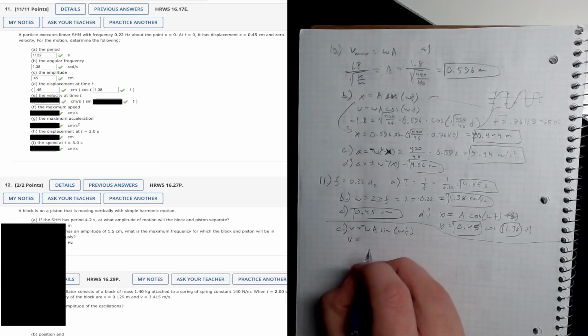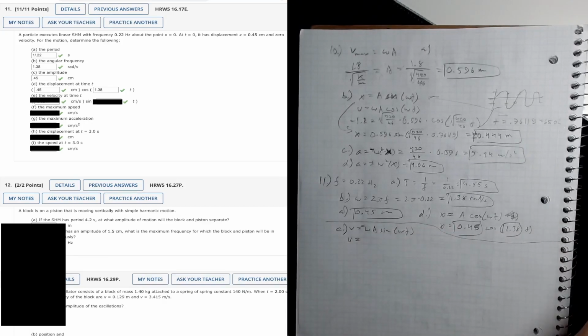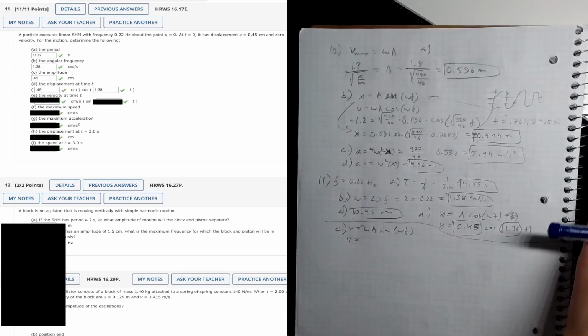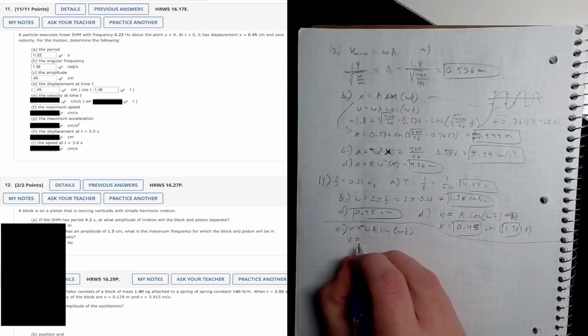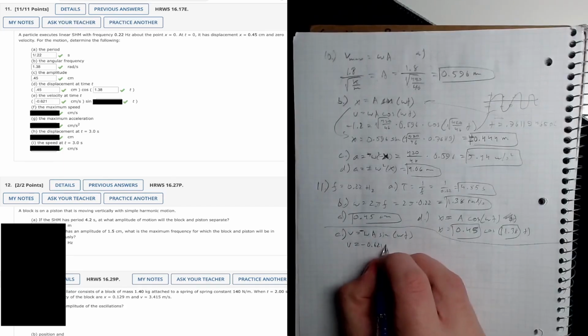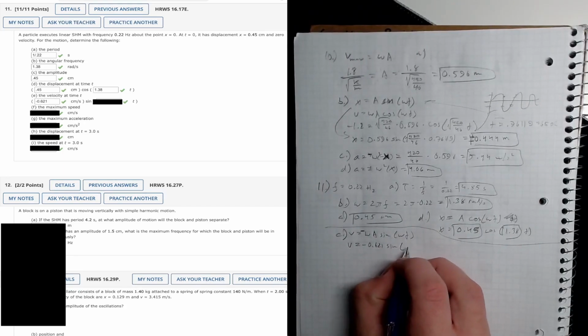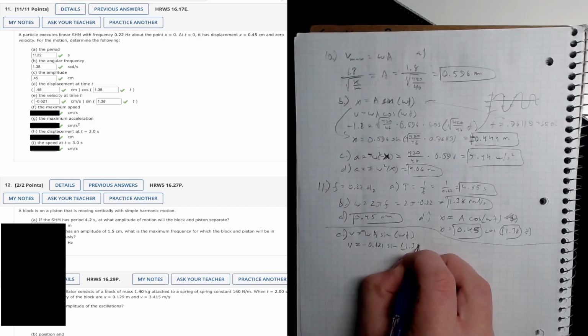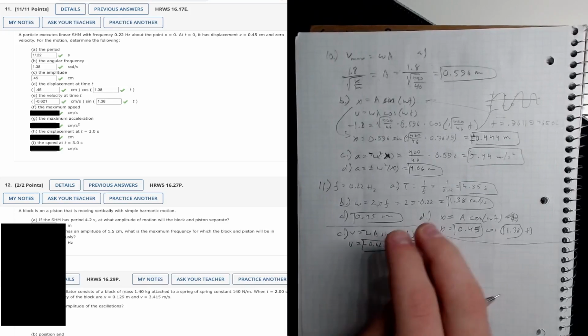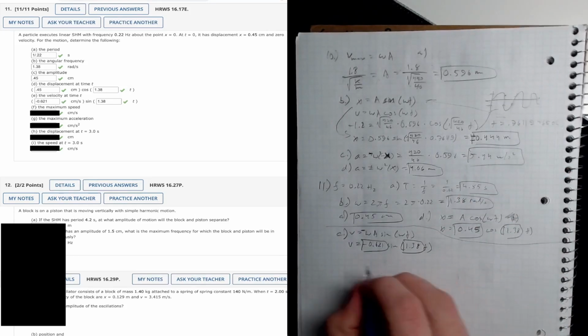So velocity equals negative wA, negative 1.38 times 0.45, which is negative 0.621 sine of 1.38t. These are going to be the answers we have to put in. Negative this, positive that.